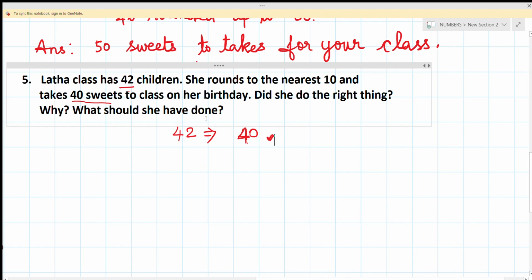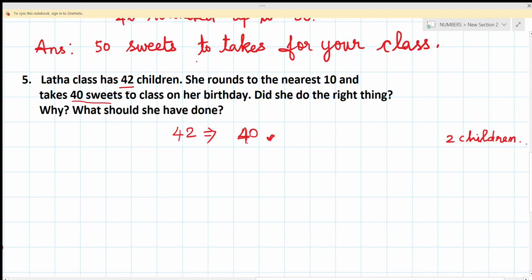We are going to discuss the situation: if there are 42 children in your class, and you took 40 sweets, is it enough to distribute to the whole class? If you distribute 40 sweets, 2 children will not get any sweets, right? So in this case, you should take more chocolates to your class so that every child will get sweets.